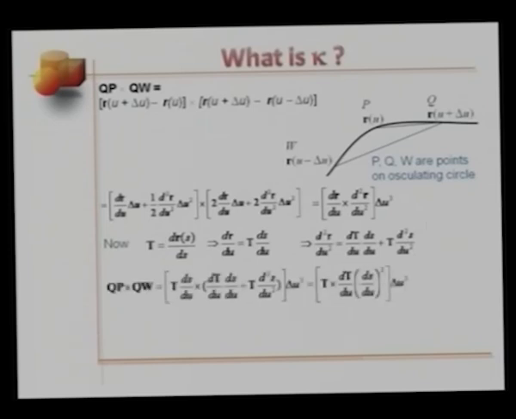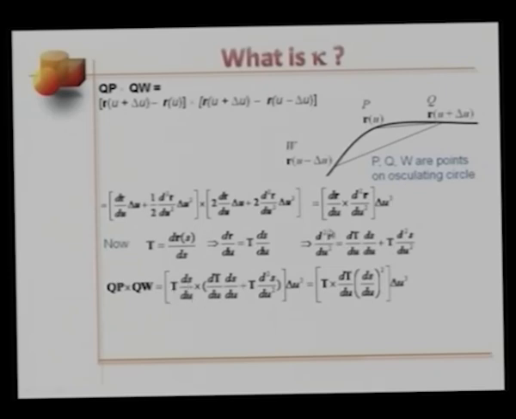All I can do now is replace this term here by this term on the right hand side of this equation. Therefore, QP crossed with QW is given by T times ds over du.